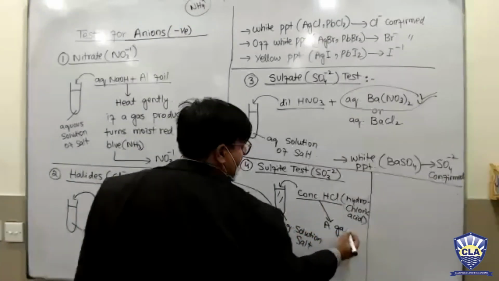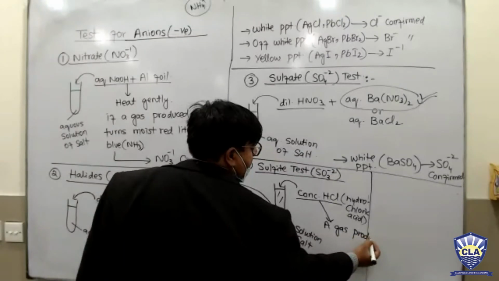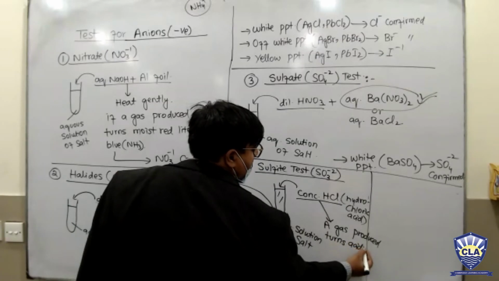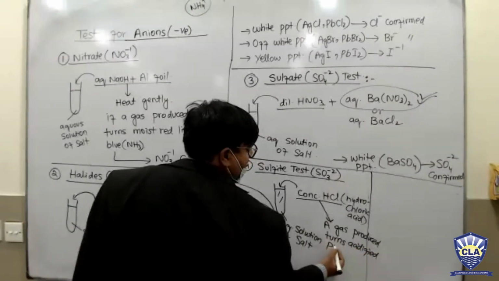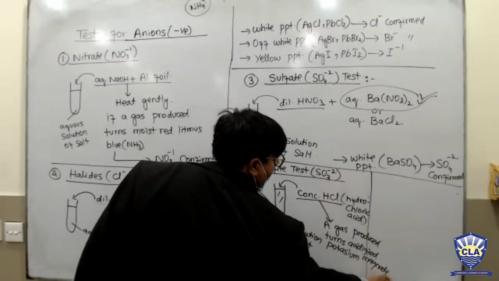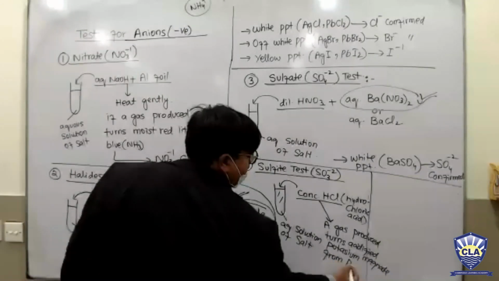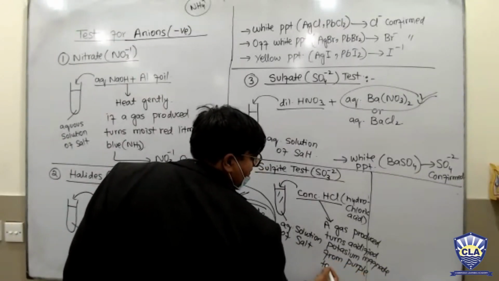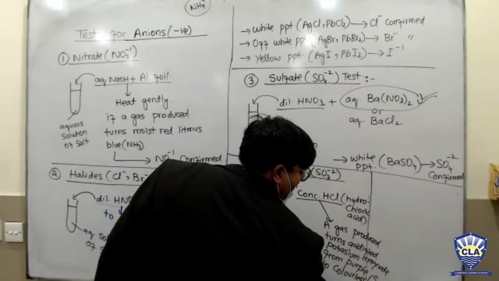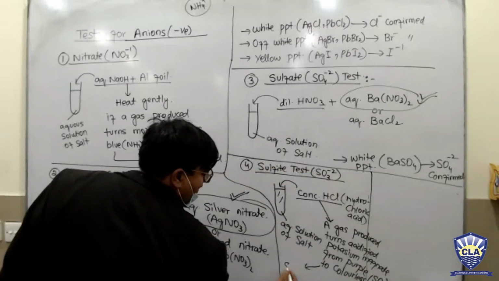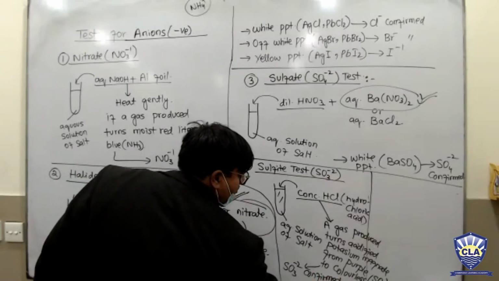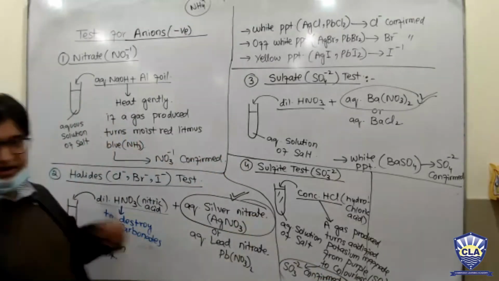A gas is produced that turns acidified potassium permanganate from purple to colorless. So that gas produced is sulfur dioxide, and your SO3 minus 2 is confirmed. So this is the newly added sulfite test.